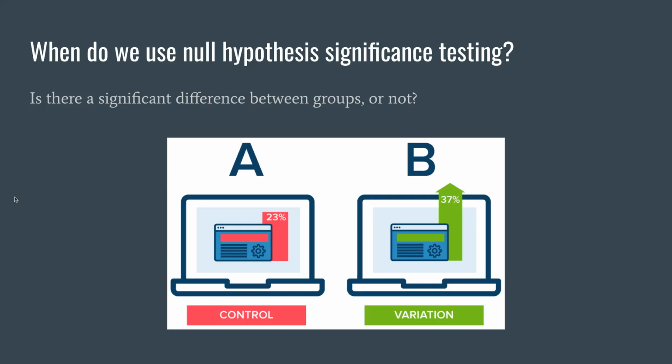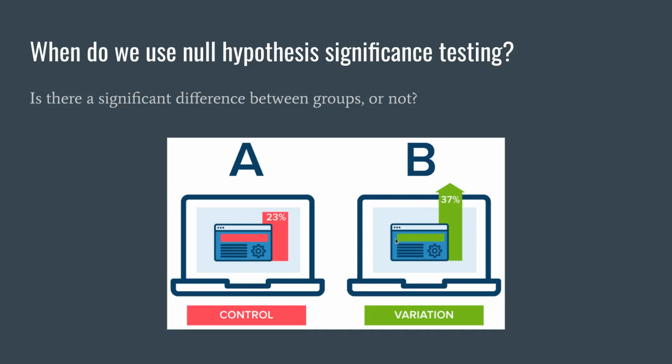So say your company did A/B testing and the control group with a red component showed 23% of purchase after a week, and the variation group B showed 37% of purchase after a week.